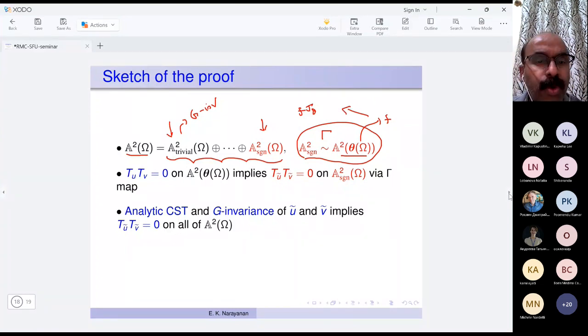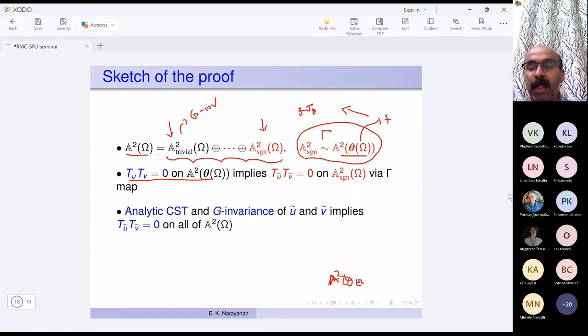Now you do the obvious thing. So if TuTv equals 0 on A2 theta omega, so that is the smaller domain, I have A2 of omega, that is A2 trivial, direct sum several things, direct sum A2 sign, right?